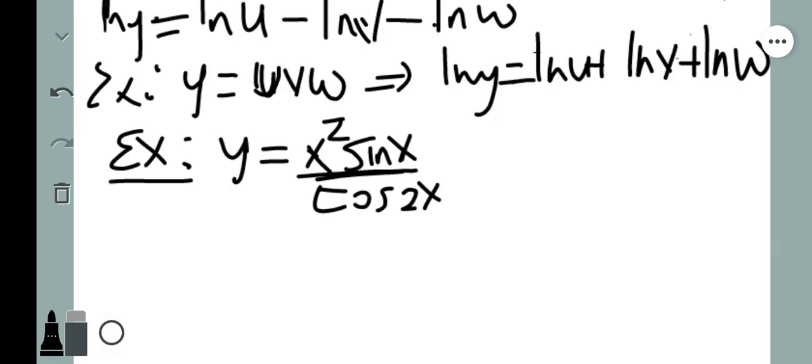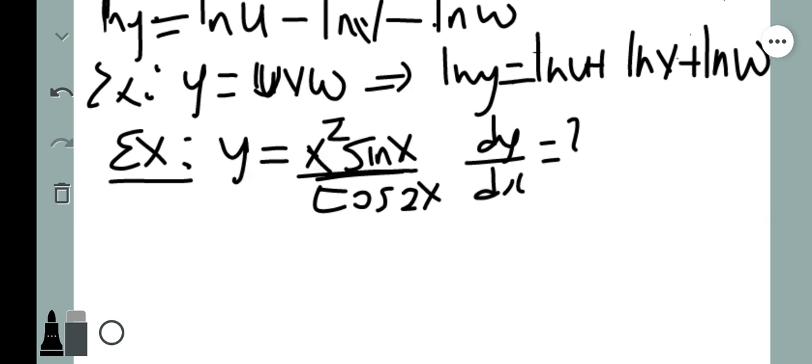All right, so let's take a look at this example here. That's the example: y equals x squared sine x over cos 2x, and then you are trying to find dy dx. So what will you do in this problem here? If I find dy dx, there's nothing to use here.